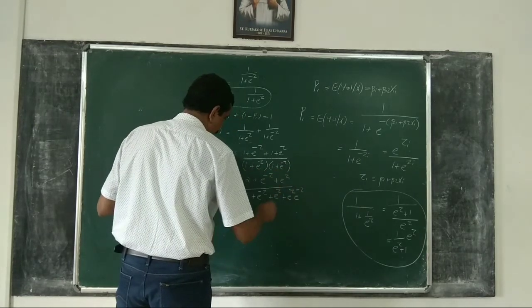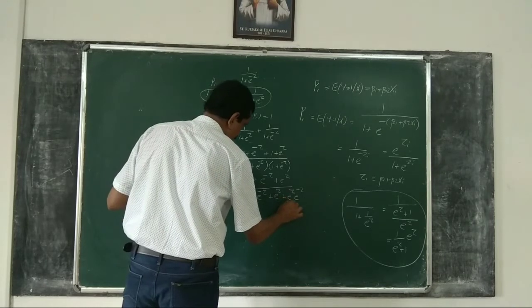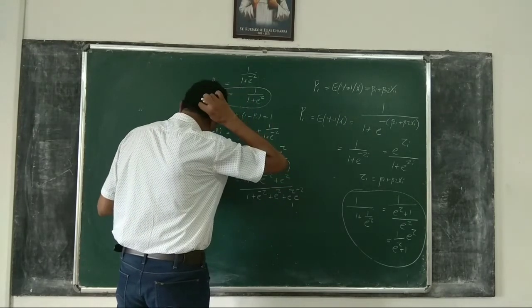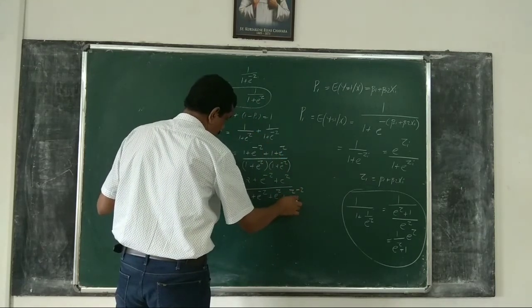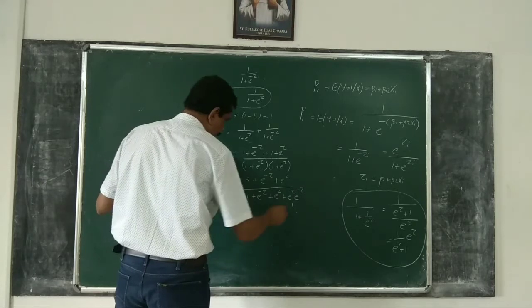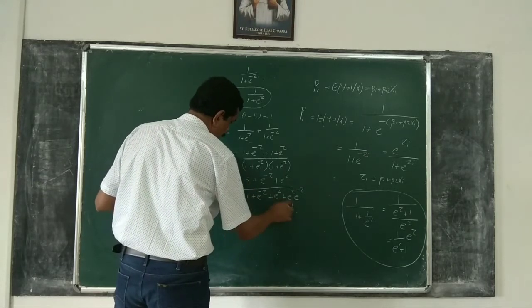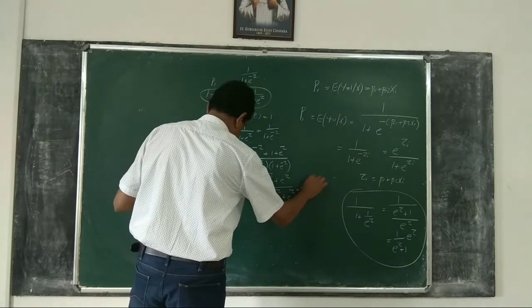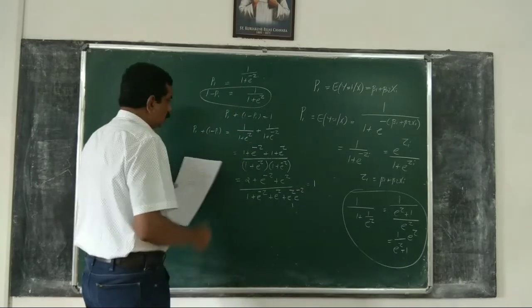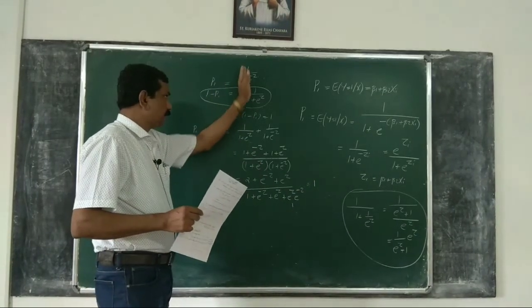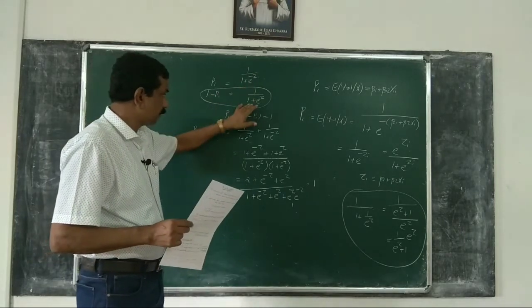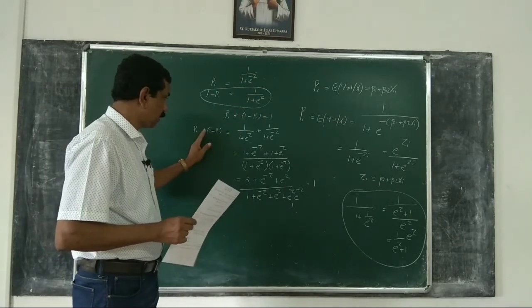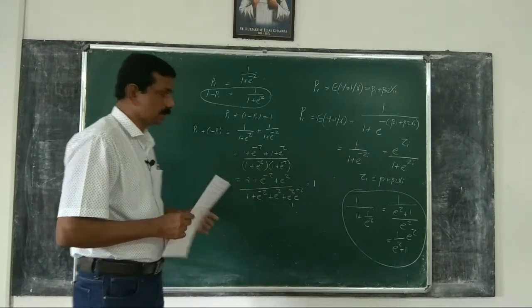Since a raised to m into a raised to n is a raised to m plus n, that last term is e raised to 0, which is 1. So the numerator and denominator are equal and the sum is 1. So if Pi is 1 by 1 plus e raised to minus z, 1 minus Pi is 1 by 1 plus e raised to z, because adding together will give you 1.